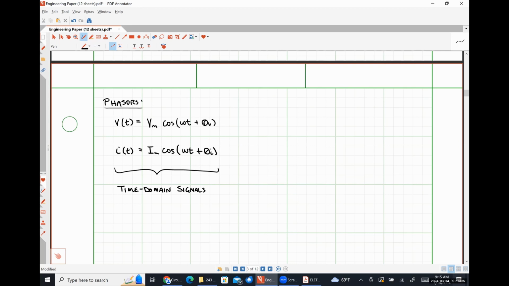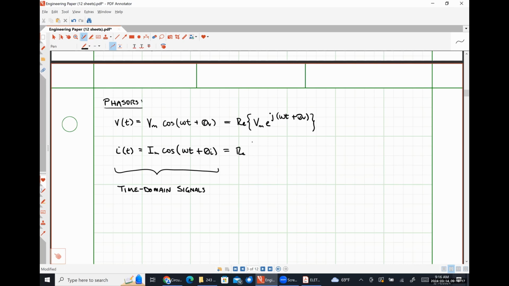Well, these signals are nothing more than the real part of a complex representation of this signal, right? So earlier, when I introduced Euler's identity, the cosine part was the real part. So this time domain signal is simply the real part of Vm e to the j (omega t plus some phase angle theta v).